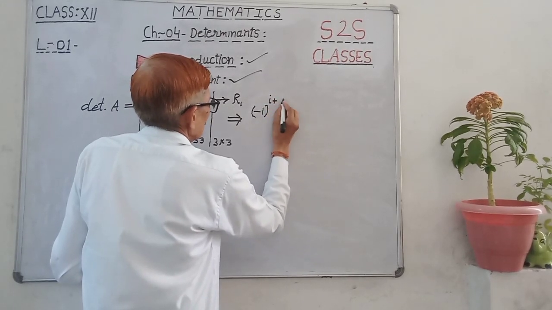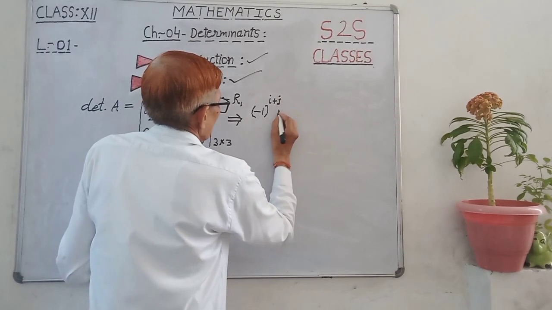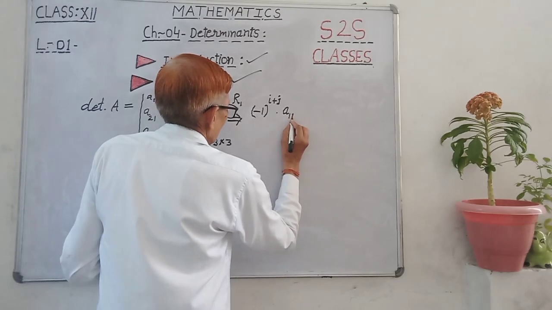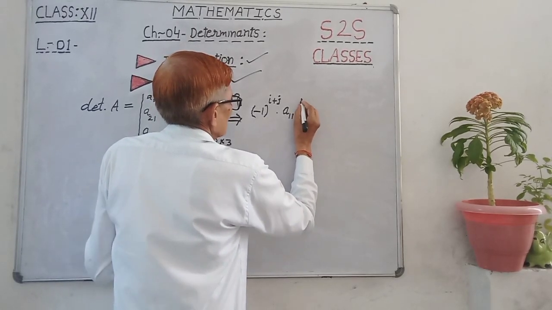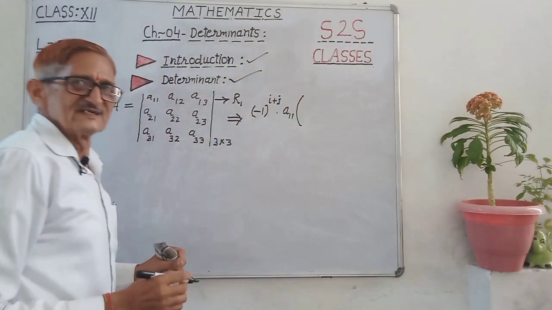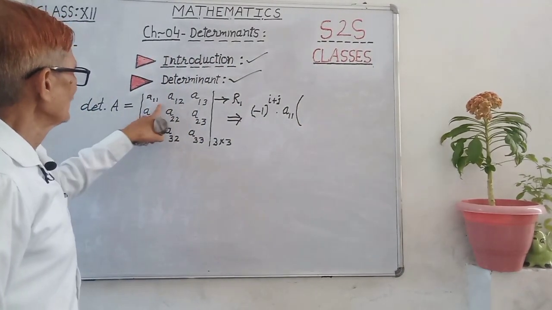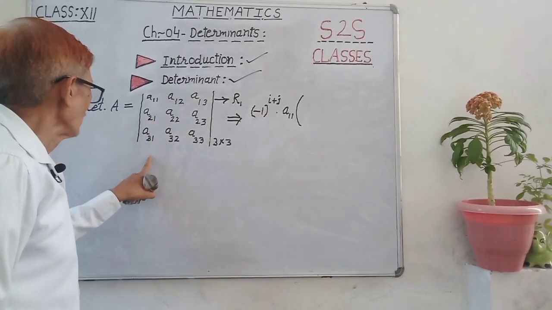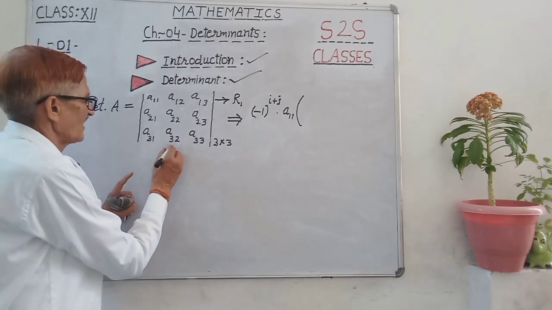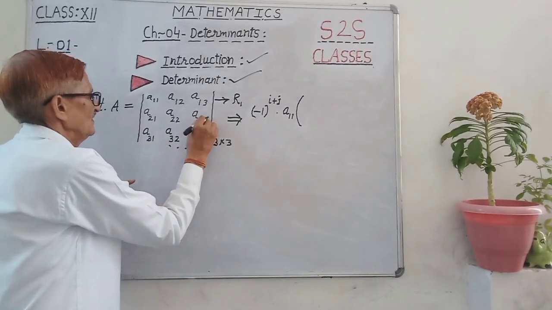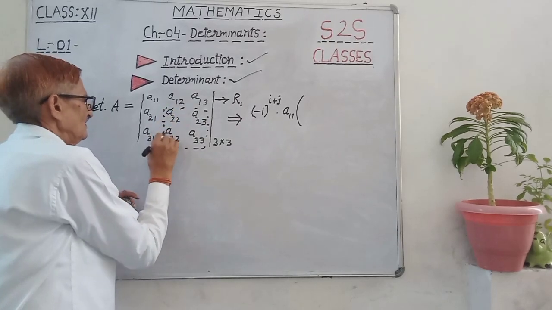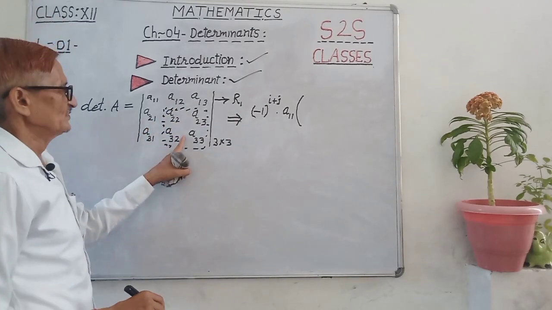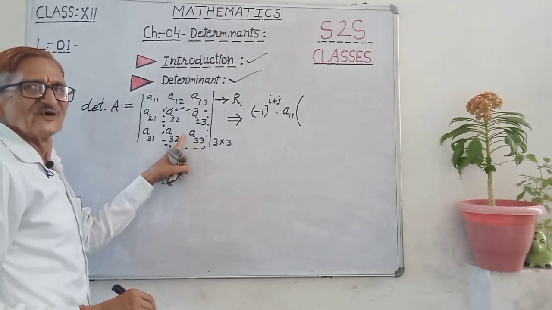I + J इंटू फर्स्ट एलिमेंट A11, first element and first element into, understand, first element, first row is cancel out along this first row, along this element first column cancel out, so only remaining this part, 2/2 matrix and determinant.